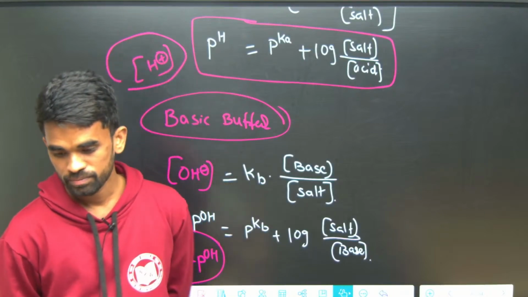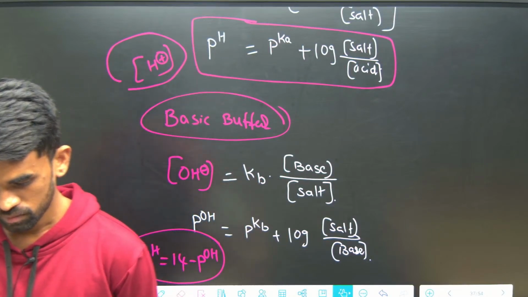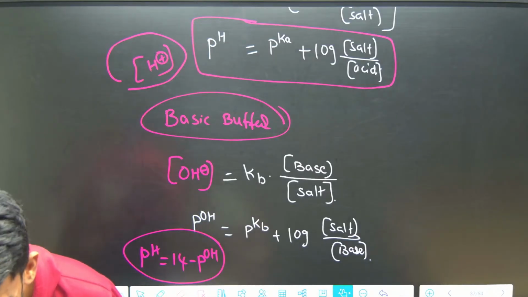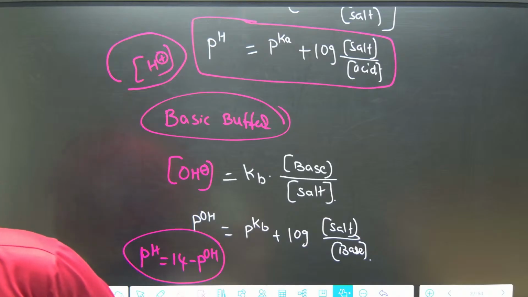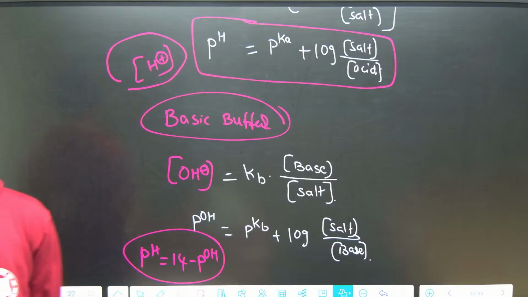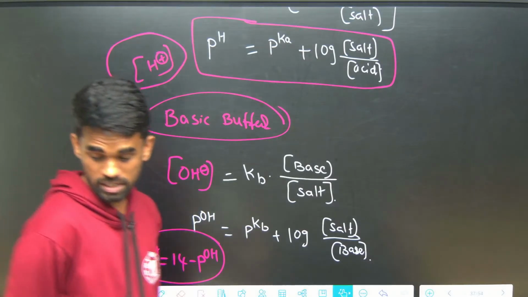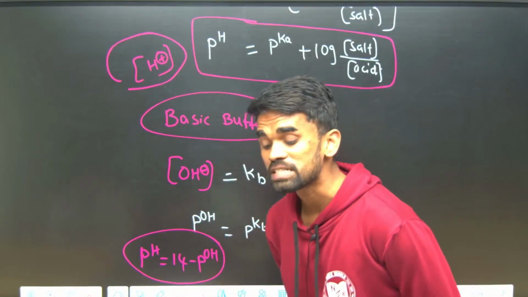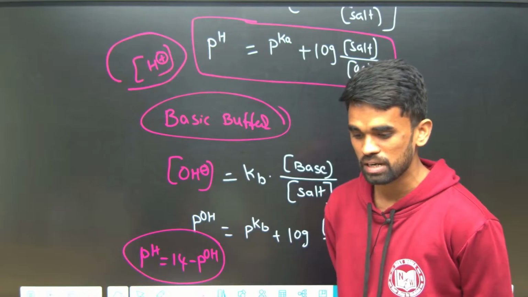Got the answer? What is the formula? pH equals pKa plus log of concentration of salt by concentration of acid. So now first of all find the concentration of salt.